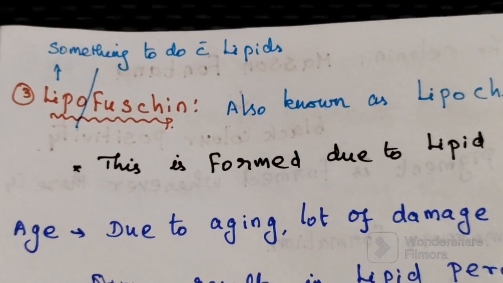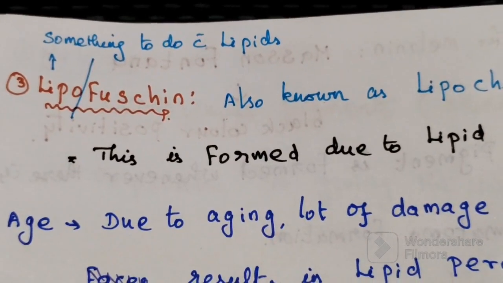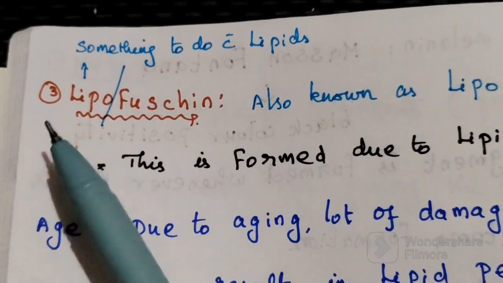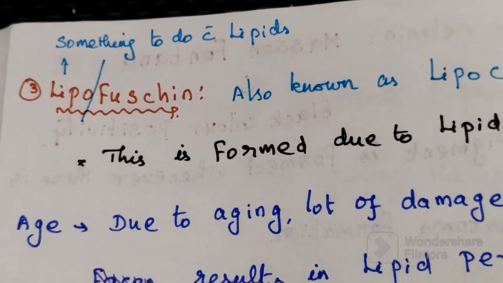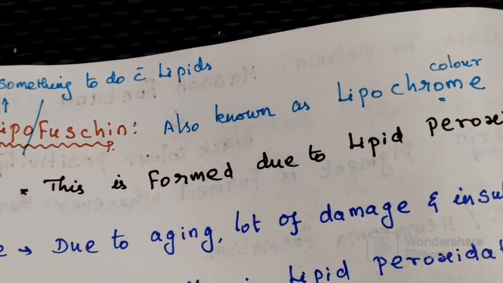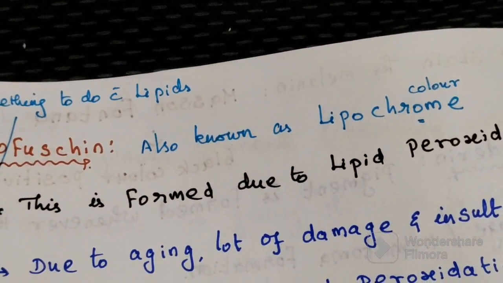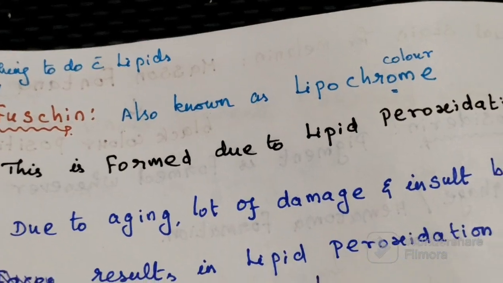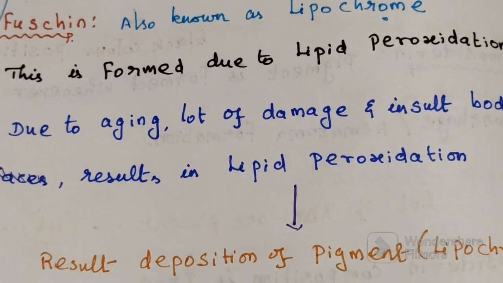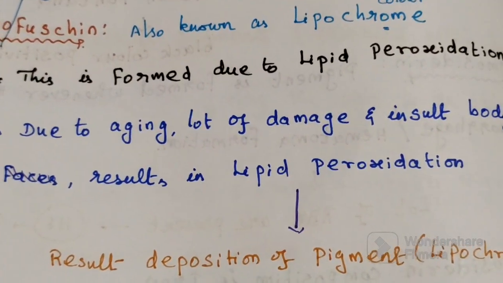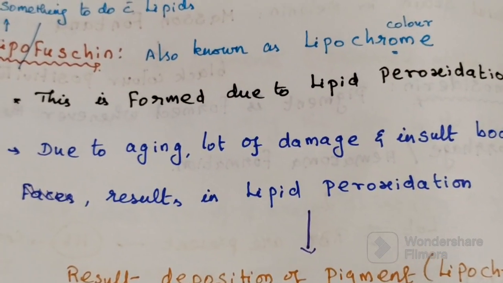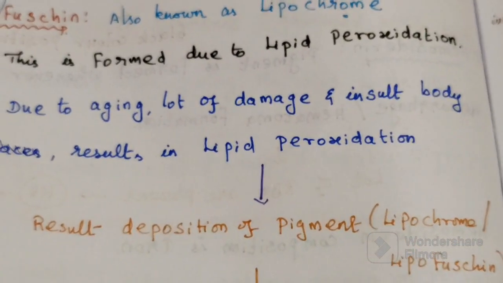The third pigment is called lipofuscin. If you break the term lipofuscin, lipo means something to do with lipid. This is also known as lipochrome. Chrome means color. It is formed due to lipid peroxidation. As we age, a lot of damage and insult is faced in our body, resulting in lipid peroxidation.